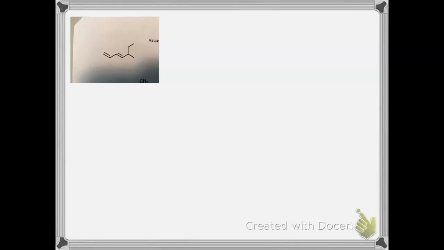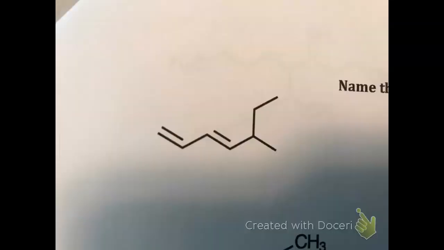One of the things I would probably recommend, first of all, maybe I'll make this bigger. Okay, now that this is bigger, you'll notice that this is a skeletal structure. And one of the first things I like to do is to circle the longest carbon chain that includes all of the weirdness.